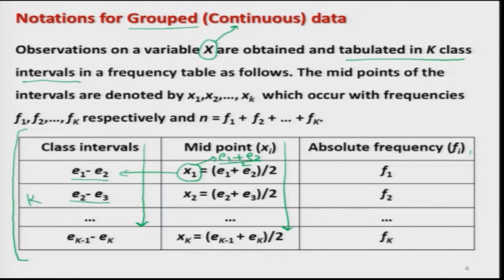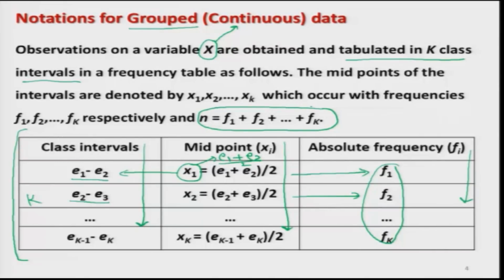And similarly, in the third column we have the frequency data f1, f2, fk, which is denoting that the first interval E1 to E2, whose midpoint is x1, has frequency f1, E2 to E3 has the frequency f2 and so on, and the sum of all these frequencies is denoted here by n.